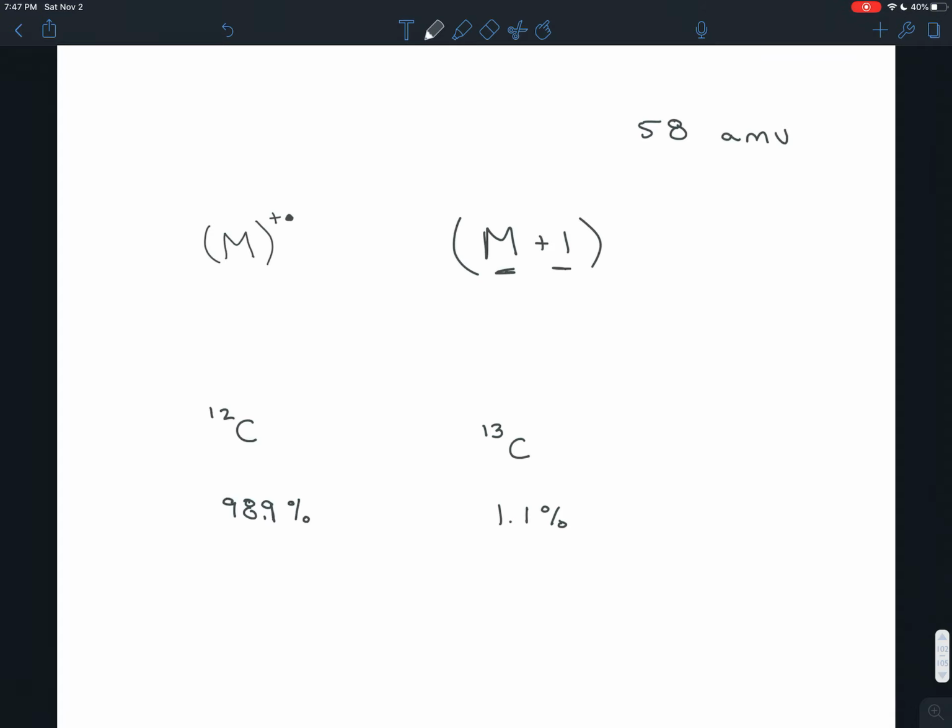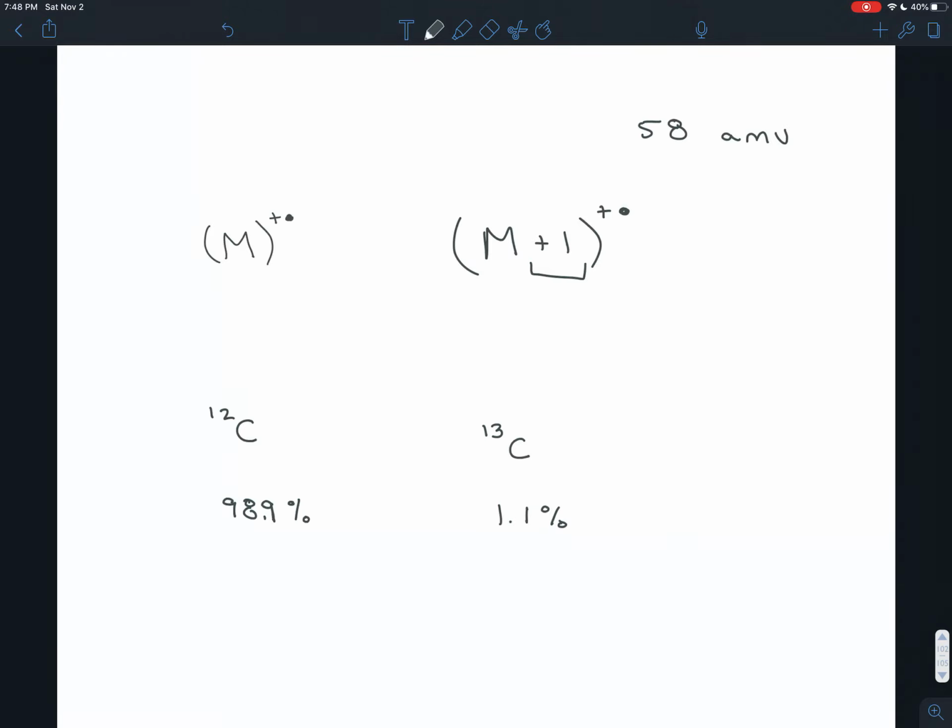It'll be the mass of the molecular ion, but +1. The +1 is coming from the extra neutron in the carbon. That's adding 1 atomic mass unit. And so you'll get a tiny peak, the same as the molecular ion peak. It's still missing that 1 electron, still has the positive charge. It's based on the molar mass of the molecule, but the mass is going to be +1 because of that extra neutron.